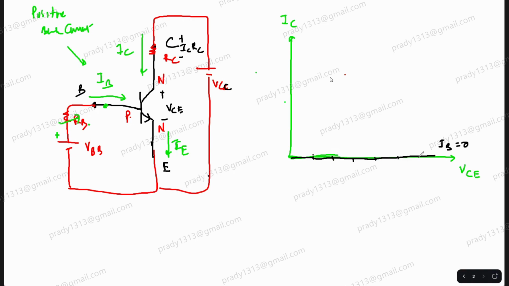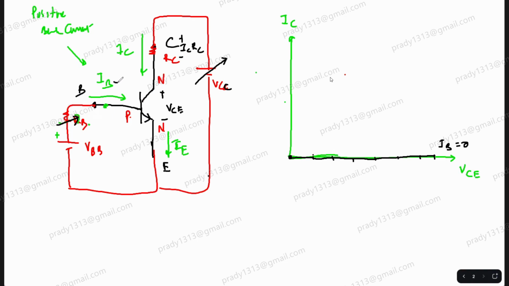Please remember this. All these points are actually VCC. So even if you keep increasing this, VCE will increase, but there will not be any current flowing in the circuit, because we have made the base current 0. Now what we do? Now we apply some base current by adjusting this RB.